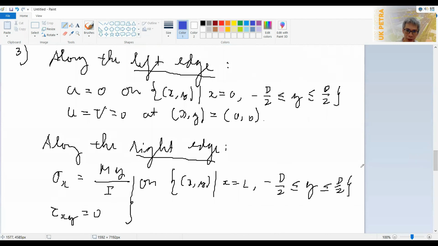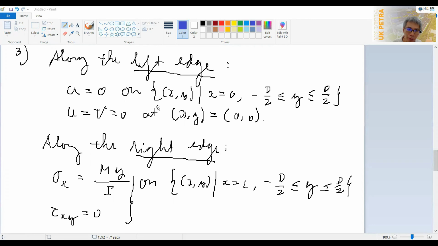Well, question number 3. Specify the displacement and stress boundary conditions. From the picture, we can see that the displacement boundary condition is given on the left edge. The rest of the boundaries are in the category of force boundary conditions or stress boundary conditions. So here we go. Along the left side, we can say that u, the displacement in x direction, should be 0 because it's a roller.